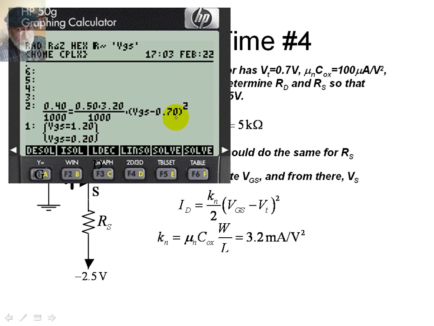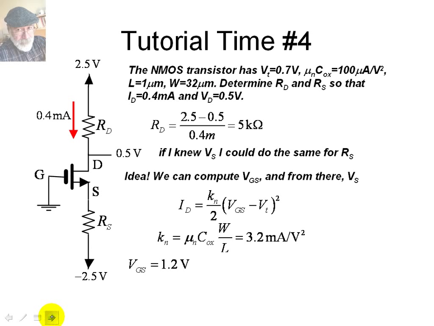It's a quadratic equation. We solve it and we get two possible answers. VGS mathematically could be 1.2 volts or 0.2 volts. However, of those two values, only one is possible, only 1.2. I invite you to check why 0.2 does not work.